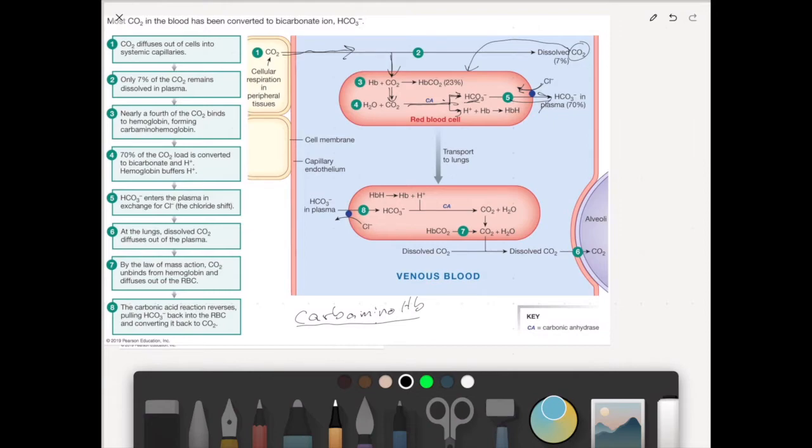Now this bicarbonate buffers the blood plasma so it doesn't get too acidic. And another thing hemoglobin can do is actually bind protons to keep a check on the pH of the system.